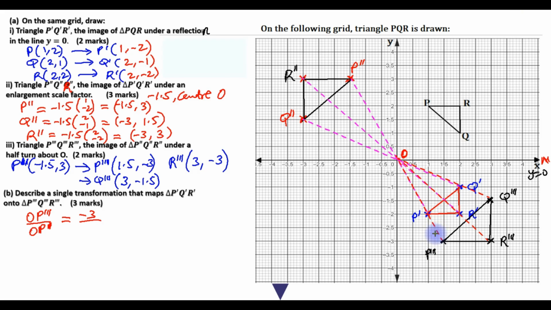that's what you need to consider. Either you are dealing with the x coordinate or y coordinate, you still get the same. So OP double prime in the y direction is minus 3, for P prime is minus 2, so we get 1.5. You can also try with OQ triple prime over OQ prime, and you will get 1.5.